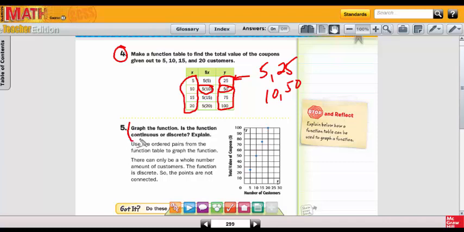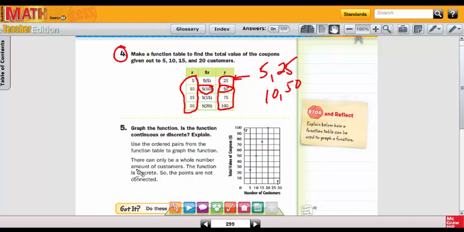The next thing they ask us to do is to graph the function. And then they ask, is the function continuous or discrete? And of course explain that. So first of all, we're going to graph the ordered pairs. We have 5, 25. Then here we have 10, 50. Then 15, 75, and 20, 100. Use the ordered pairs from the function table to graph the function. We did that. And now we need to decide, does any number make sense here, or are there only certain numbers that make sense here?